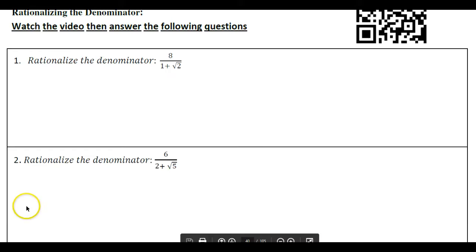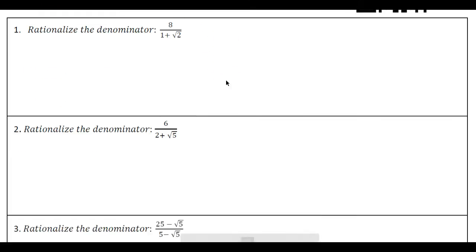On page 40 now, we are asked to rationalize the denominator. Now, for this, we're going to use a tool that's called the radical conjugate. So what is the conjugate, let's say, and let me write this a little bigger here, of 1 plus the square root of 2.